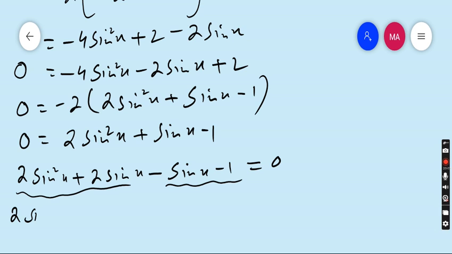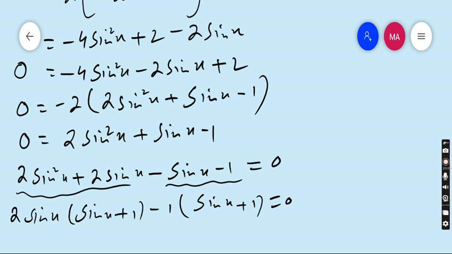Taking 2 sin x common, it would be sin x plus 1. Taking minus 1 common, sin x plus 1 is equal to 0.